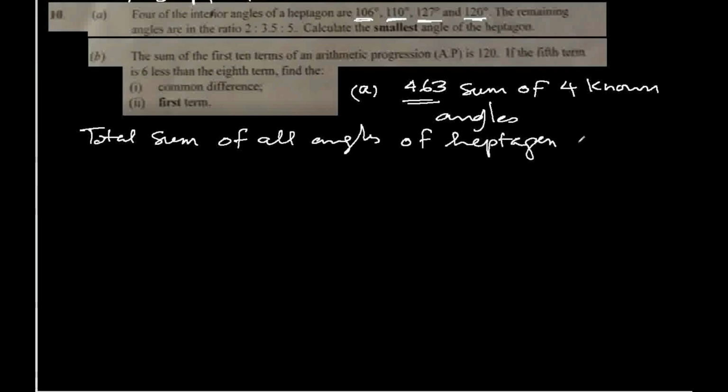Total sum of all angles of a heptagon is, the formula is n minus 2 times 180. A heptagon has 7 sides, so 7 minus 2 times 180.